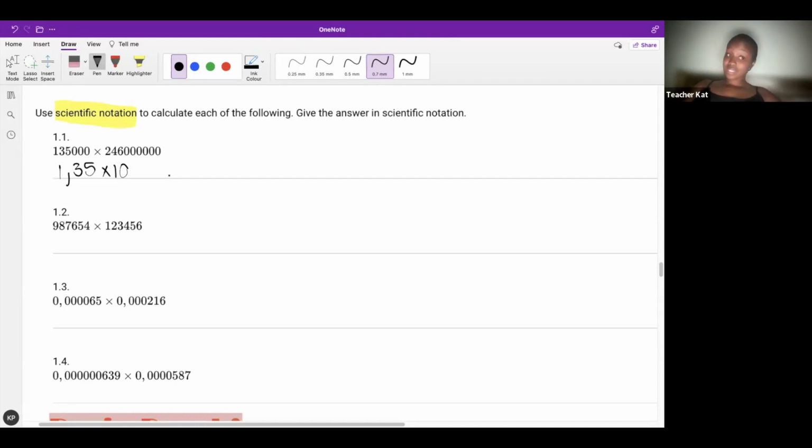Is it a positive or a negative exponent? Let's see if you remember. A positive exponent. And how many times are we moving it? From there, 1, 2, 3, 4, 5 times. So it is 10 to the power 5. Right. Now for the second one, where do I want my comma?